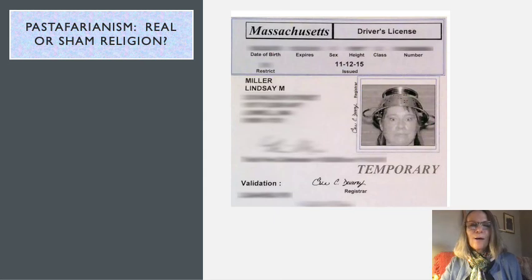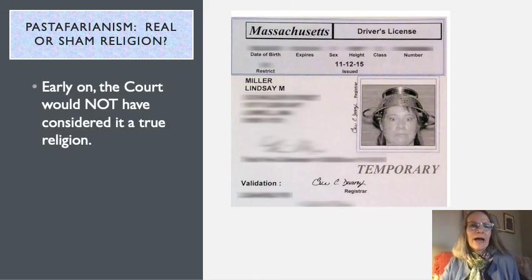And so, she wore this colander on her hat. And in fact, the courts in Massachusetts said that she had a right to do that. They regarded Pastafarianism as a religious belief, and like other religious beliefs, it deserves constitutional protection.